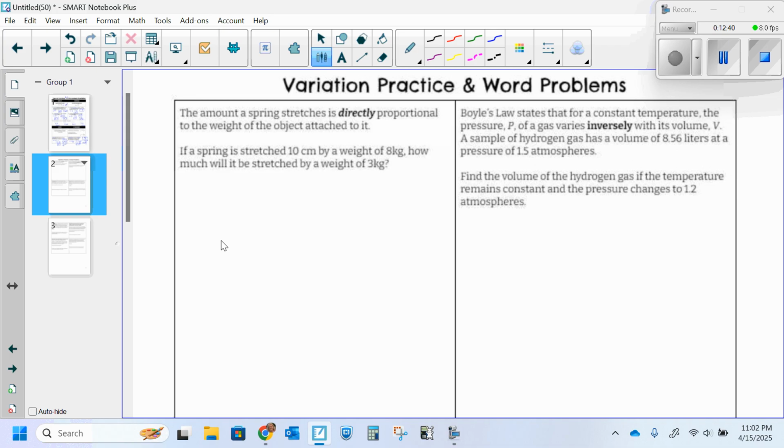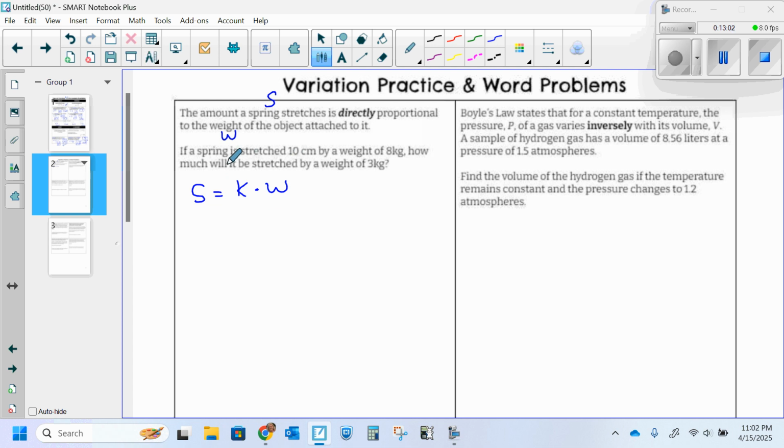It's directly proportional to the weight of the object that it's attached to. So let's say S for spring, W for weight. The stretch varies directly with the weight. So we're just going to write that just like that.